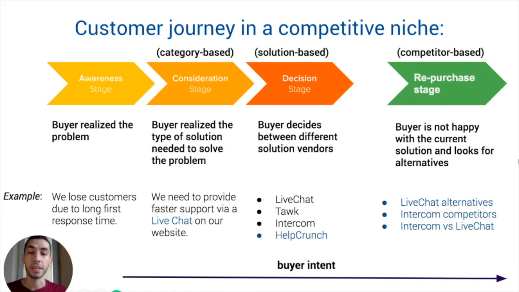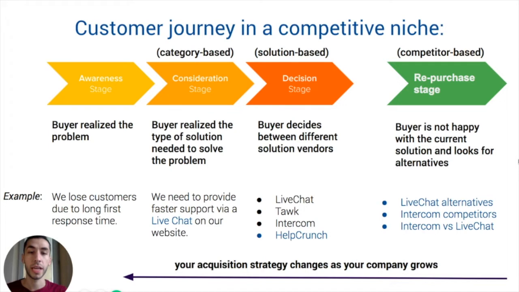So yes, the buyer intent is the highest at this stage because buyers already understand which solutions they need and what all of the advantages of it are. They just need to pick the better alternative. But also, what I suggest, why to focus on competitor user acquisition first, is it's much cheaper and doesn't require a lot of resources.